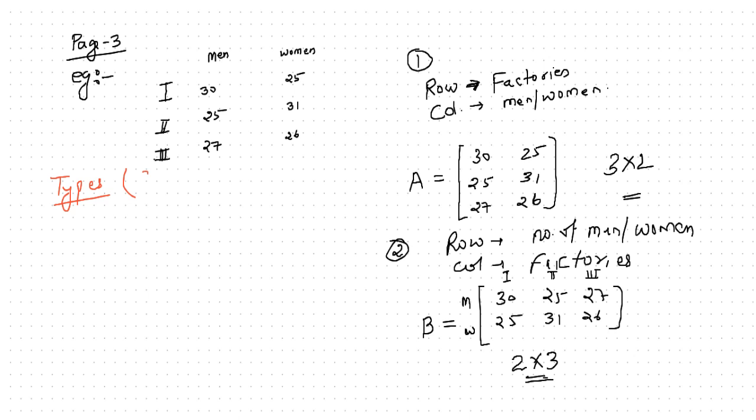Types, there are total 7. We will study one by one. First, I will tell you the name of each. First one is column matrix.